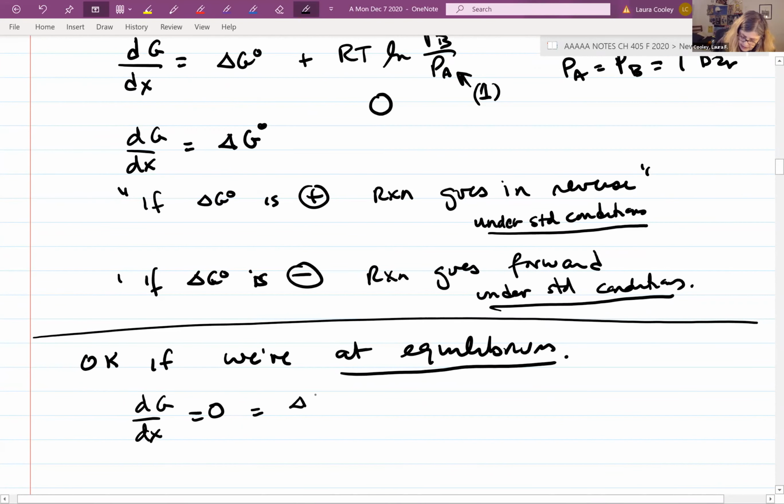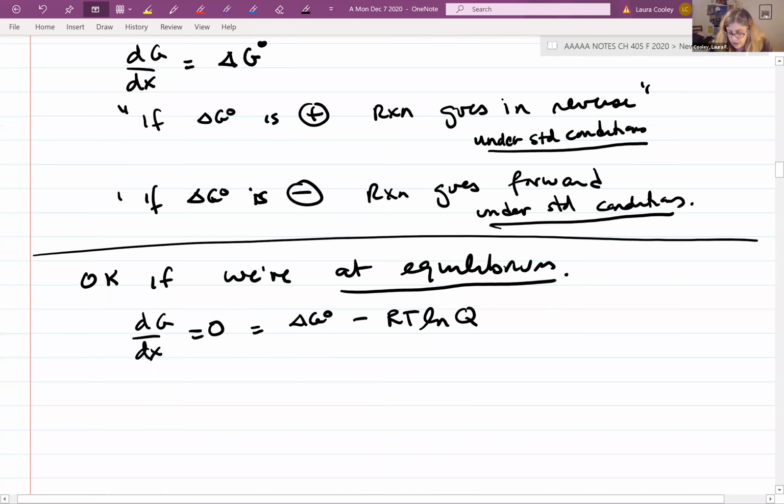And that this is delta G0 minus RT log of that Q, right? That's the ratio at any point in the reaction, okay? So if this is equal to 0, well, when is it equal to 0?